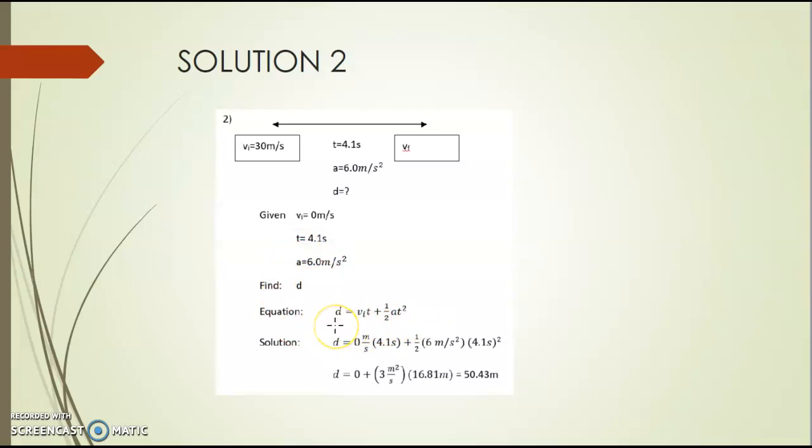Delta x is equal to Vi t plus 1 half a t squared. But delta x is represented by the displacement d. So applying the given parameters, initial velocity is 0, so this would become 0 plus 1 half acceleration times time raised to the second power. Therefore, we're going to have displacement as 50.43 meters.